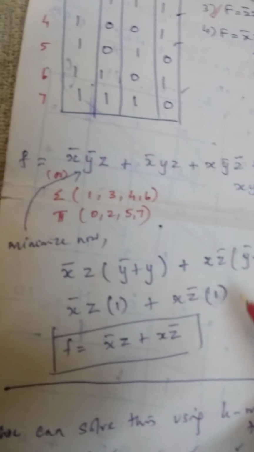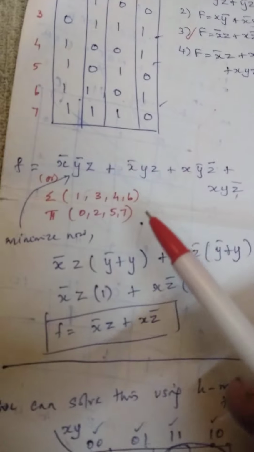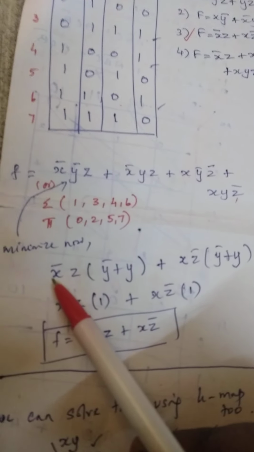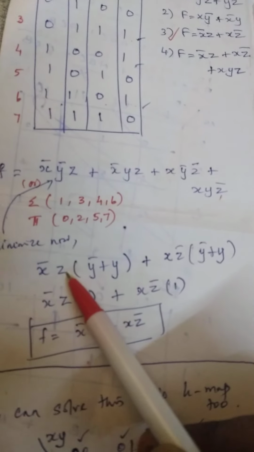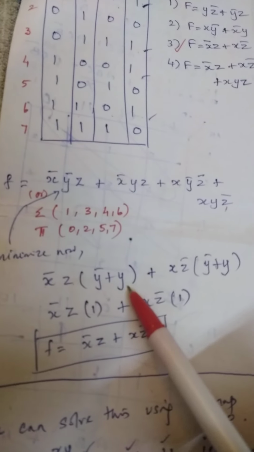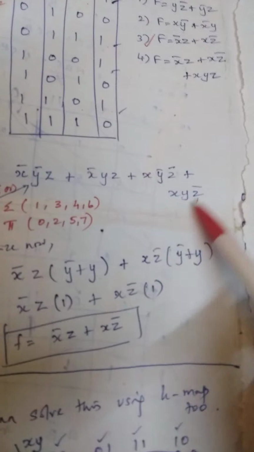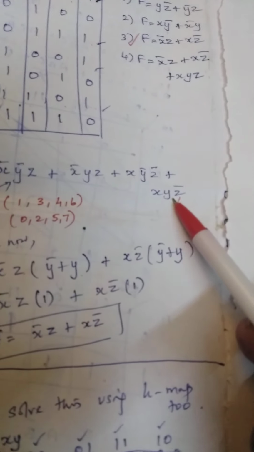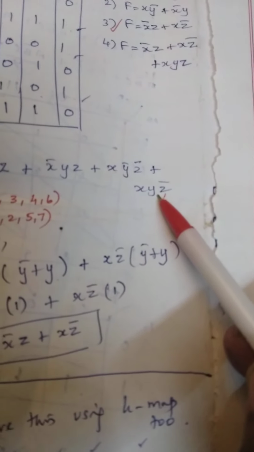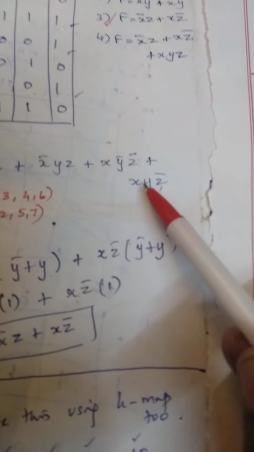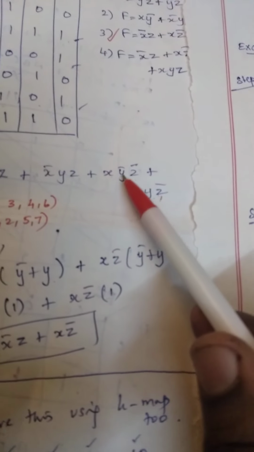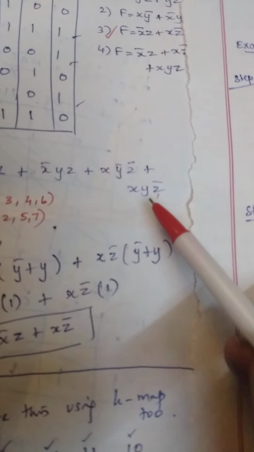In order to minimize, we will be taking x' z common, so y' plus y will be inside. And by considering these two, the common term is x z'. So we take it outside, and y and y' will be inside.